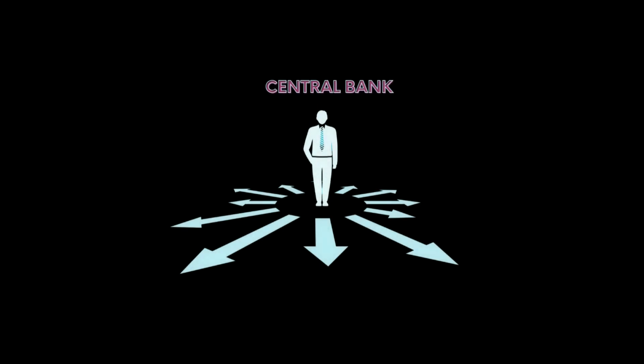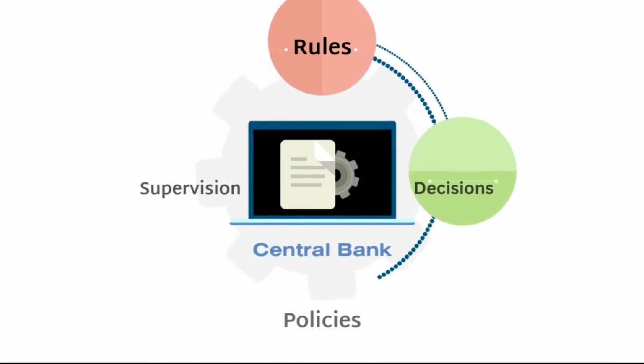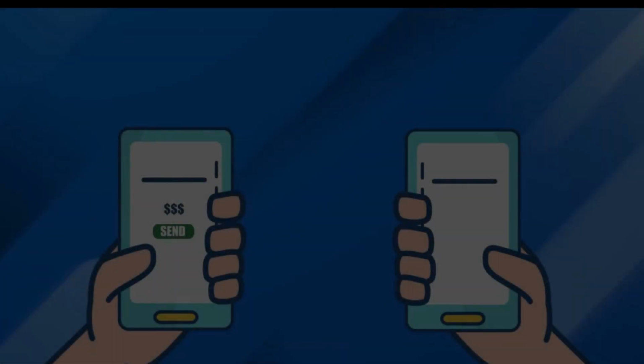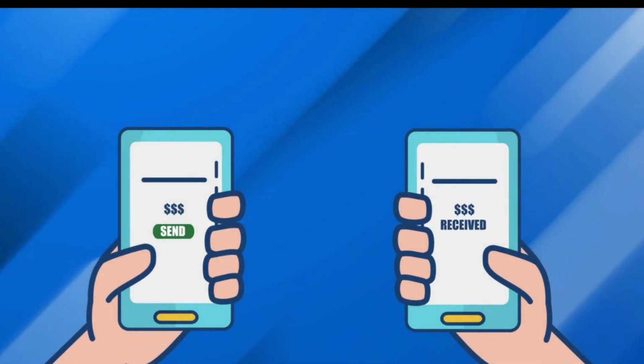This central bank makes all the rules, decisions, and policies regarding monetary matters, interest rates, and currency supply. All transactions, approvals, and changes go through this central authority. It's like having a principal at the school who makes all the rules and decisions.